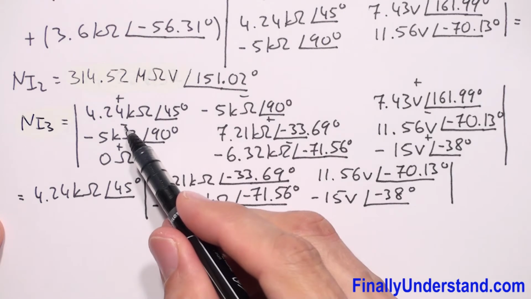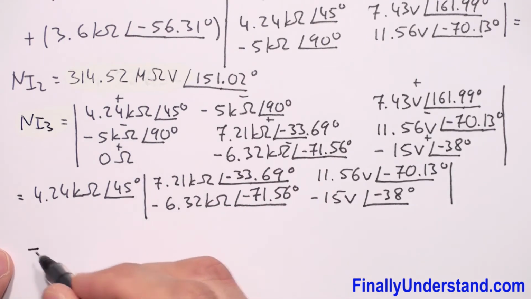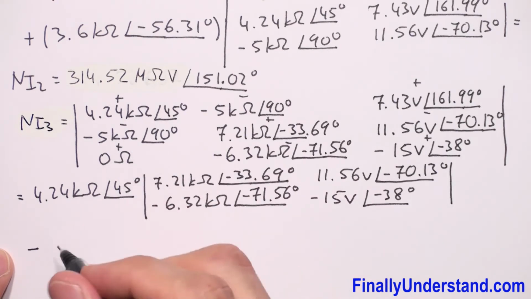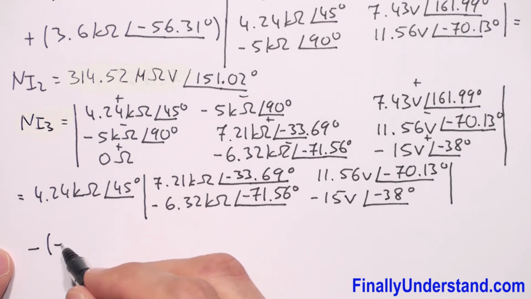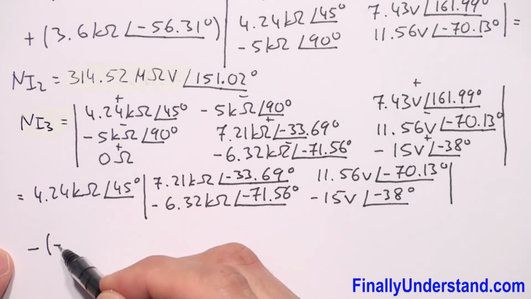Next, I'm going to write negative because I have negative over here. So I have minus 5, but it has to be negative because this negative is this negative, and this negative sign is this negative.